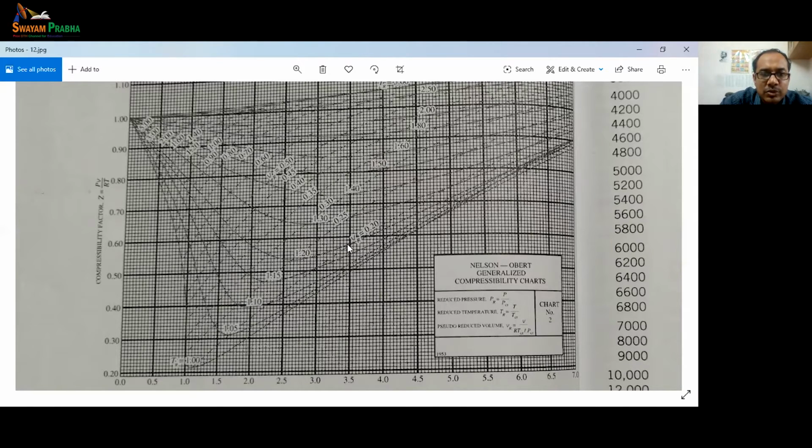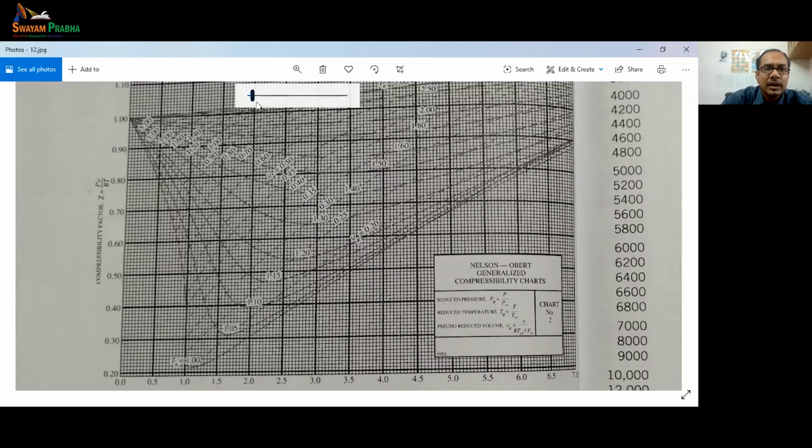VR equal to 0.20. All these lines are for different VR. Like this is VR equal to 0.5, this is VR equal to 0.6, and so on. So we have to find out the reduced pressure PR and reduced temperature TR, and read this chart to find out the generalized compressibility factor Z.